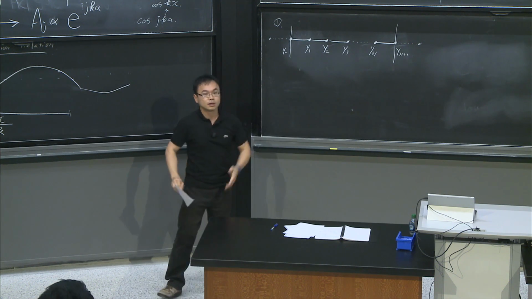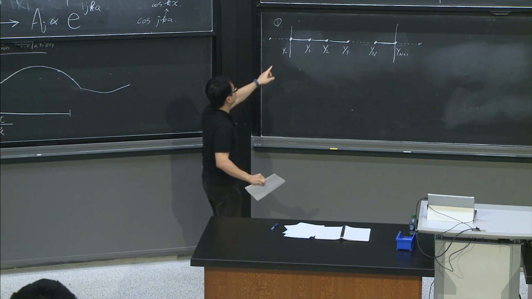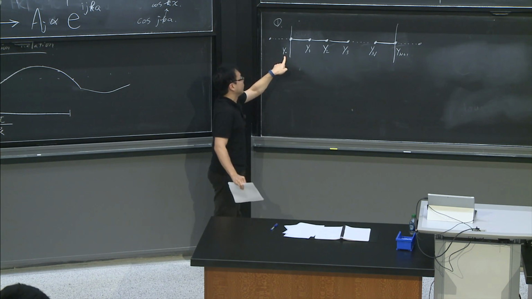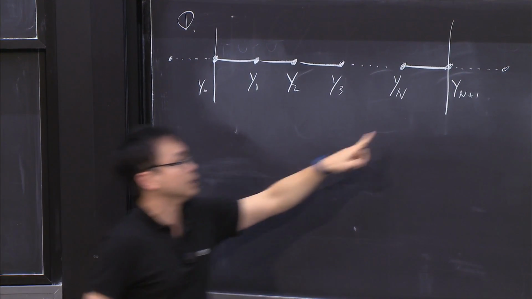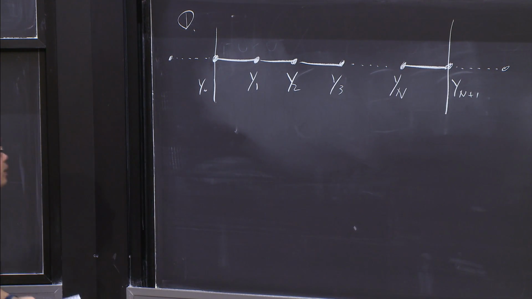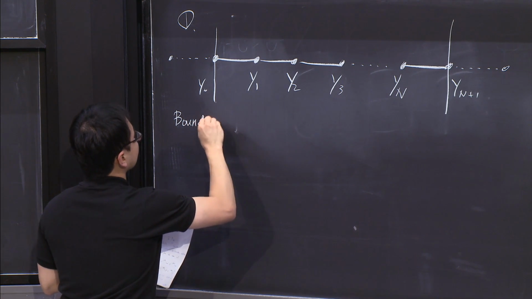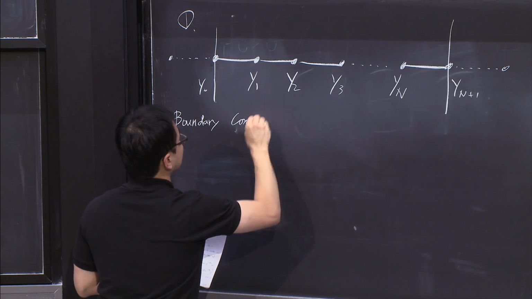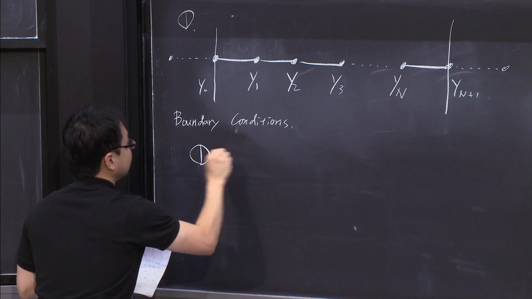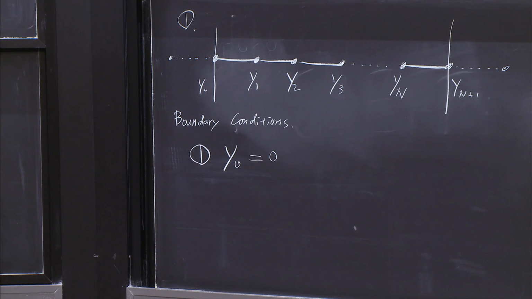So it's still an infinitely long system, but there are two interesting boundary conditions at j equal to 0 and at j equal to n plus 1. What are the two boundary conditions? The first one is y0 equal to 0.